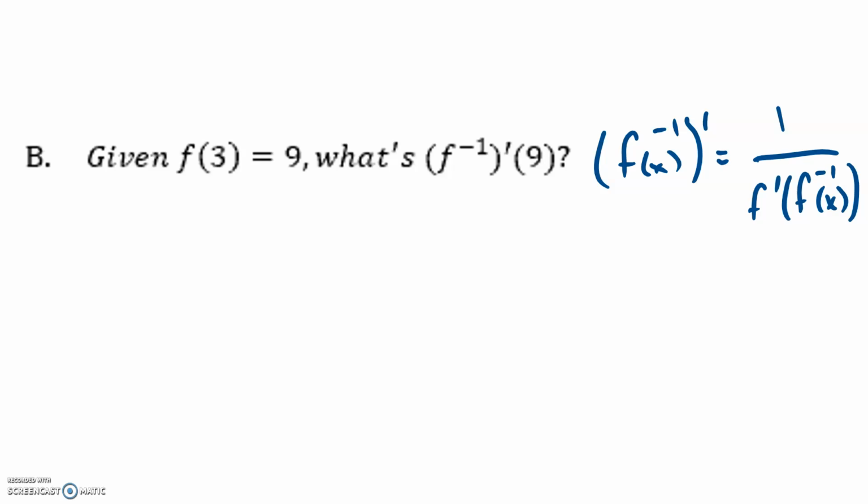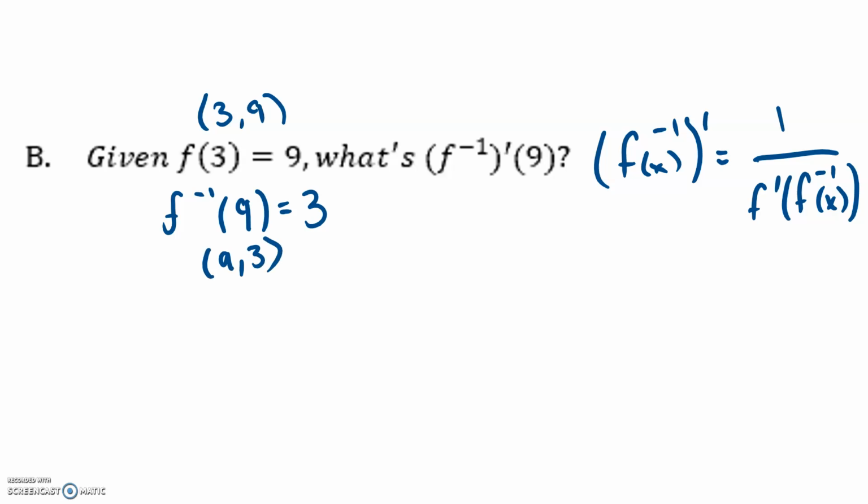We know our inverses swap our x and y because it goes in the other direction. So that means that the inverse of 9 is 3. All right. So the original function has the point 3 comma 9. My inverse is the point 9 comma 3. So that's important information to identify right off the bat when we're working with inverses.